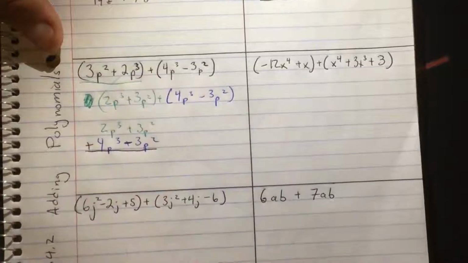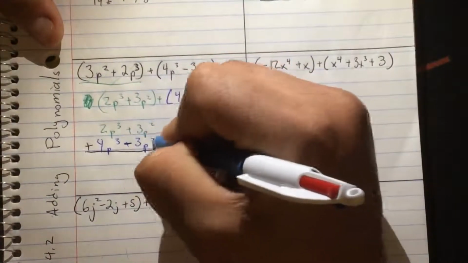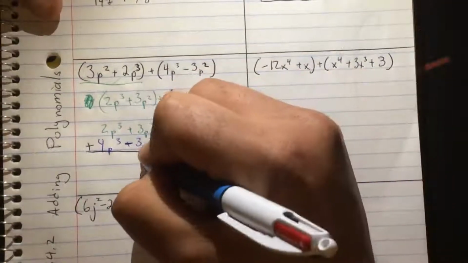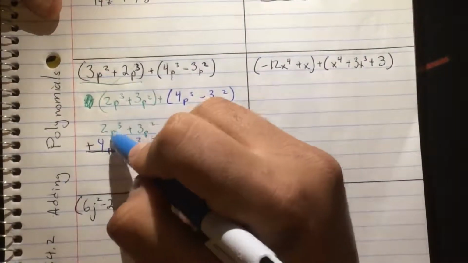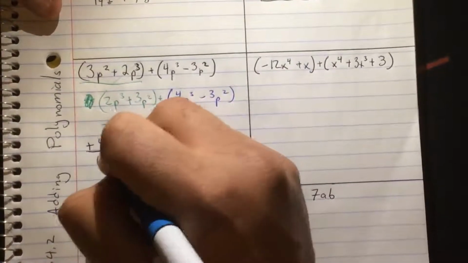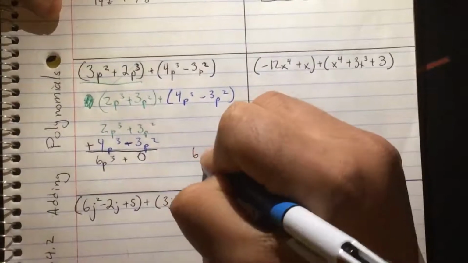Underline, this is still addition. So we have 3p squared plus a negative 3p squared, which is the same as minus, gives us a 0. And we have 2p cubed plus a 4p cubed, which gives us a 6p cubed. So the answer, I know there's going to be plus 0 here, but the answer is actually just going to be 6p cubed.